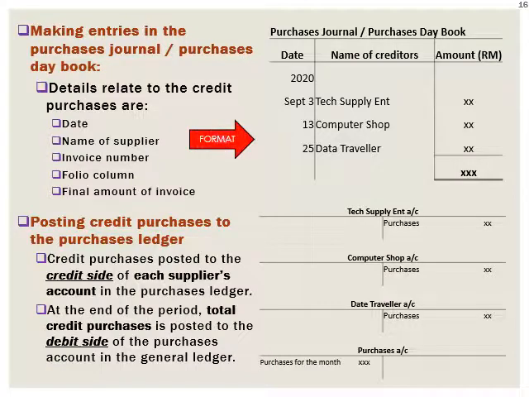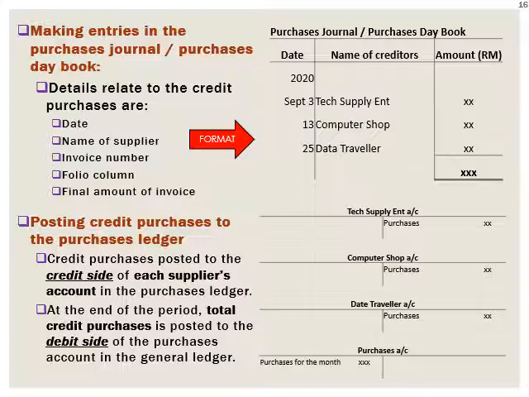This slide will tell us how to make the entries in the purchases journal and post to the ledger accounts. So first, in the purchases journal or the purchases daybook, the details recorded are the name of the supplier together with the date, invoice number, folio column, and final amount of the invoice.